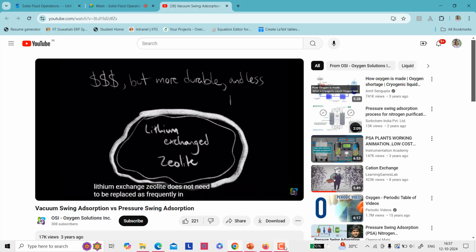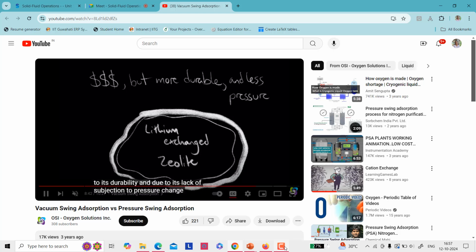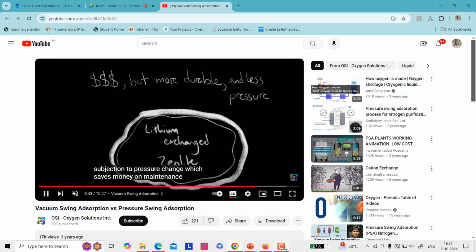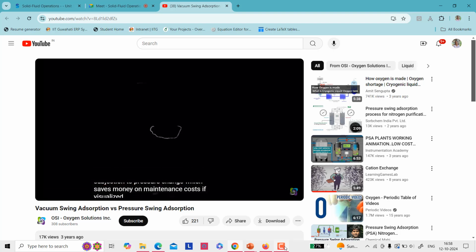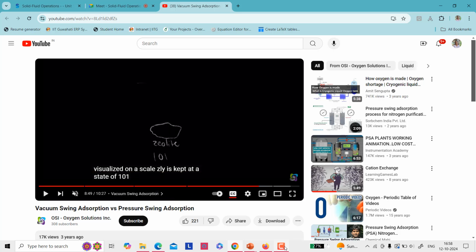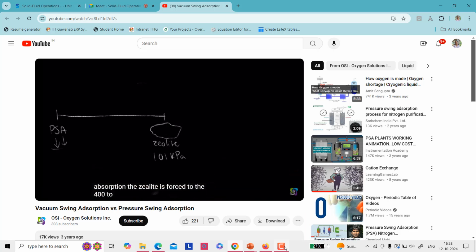If visualized on a scale, zeolite is kept at a state of 101 kilopascal, which is natural atmospheric pressure. In pressure swing adsorption, the zeolite is forced to the 400 to 800 kPa levels, keeping it under pressure and cleaning the plate off in the process. Vacuum swing adsorption works the other way.